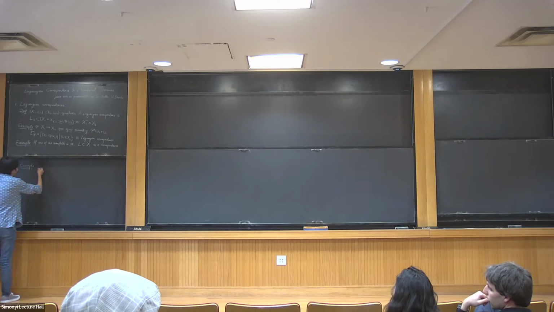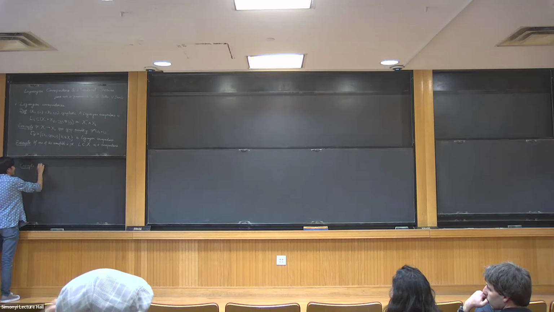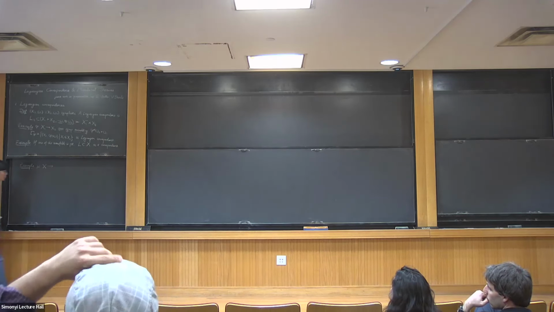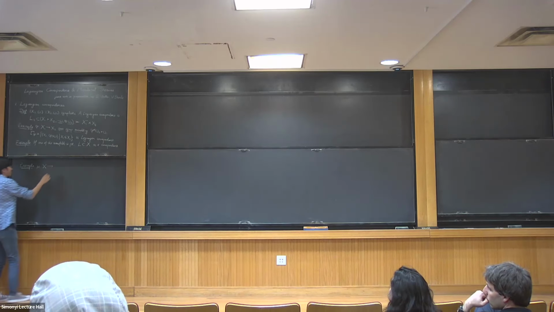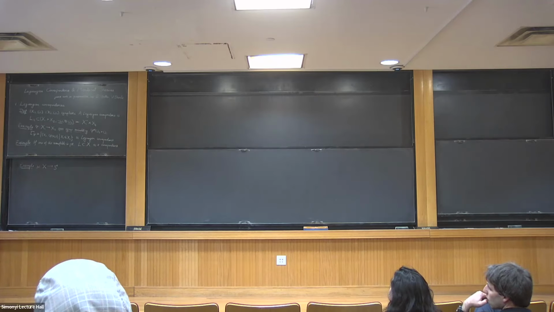Okay, let's try to give more examples. This is another example. I have a moment map from my symplectic manifold X to the dual Lie algebra of some Lie group.